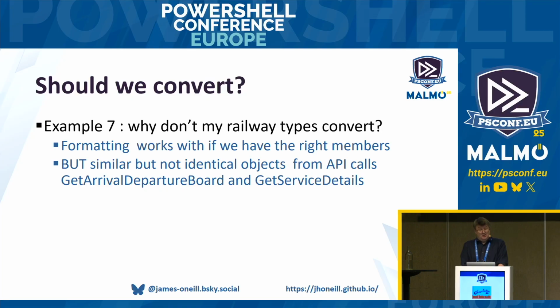Now, yes. Should we convert this stuff to the types that we're making? Because if we're making these types for IntelliSense, should we convert them? And what I was just saying about the railway types, we can get ourselves into a problem because the data that we want to format all looks the same, but actually there are subtle differences in the properties.